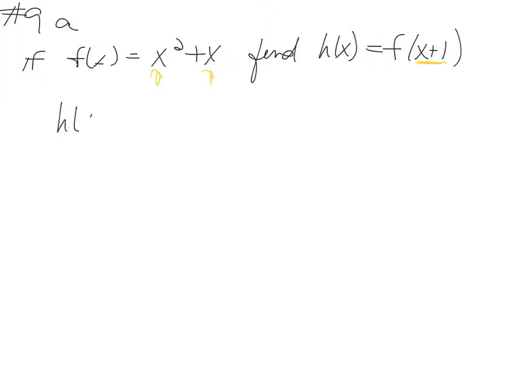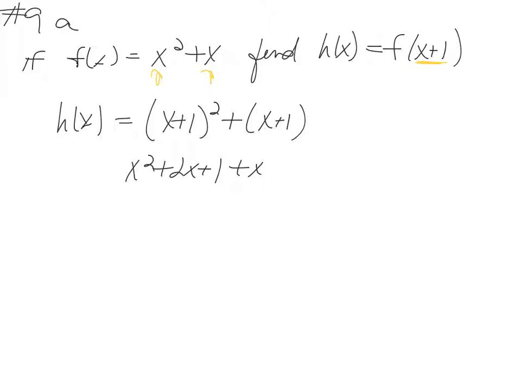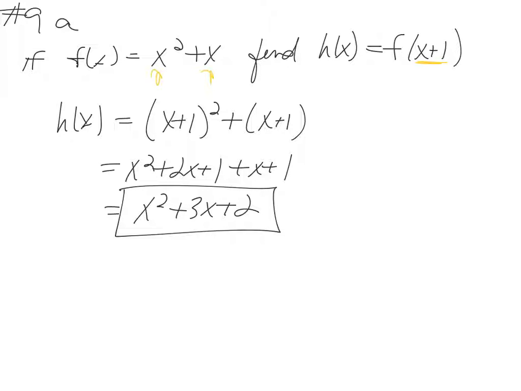So h of x equals x plus 1 squared plus x plus 1. Substitution. I can go ahead and simplify, FOIL that first thing. I have x squared plus 2x plus 1 plus x plus 1. Now simplify. X squared plus 3x plus 2. That's h of x.